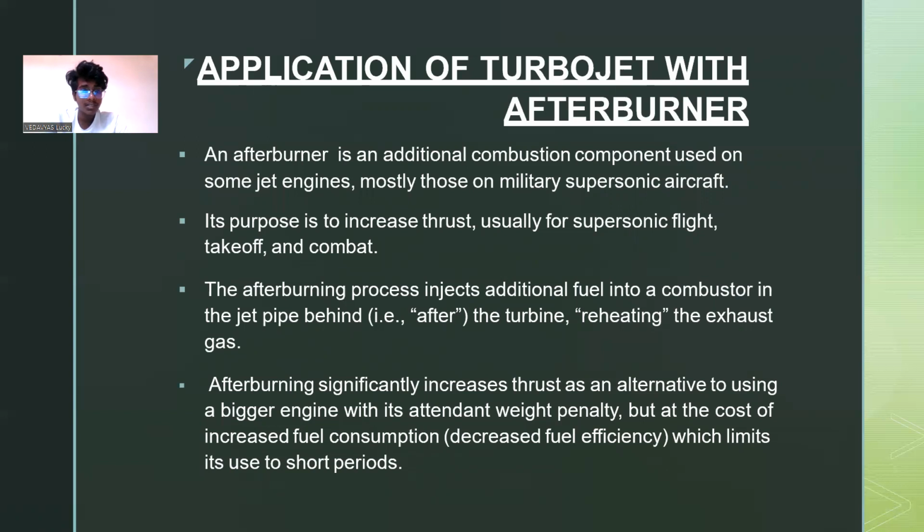The afterburner process injects additional fuel into the combustor in the jet pipe behind the turbine, reheating the exhaust gas. The afterburner significantly increases thrust as an alternative to using a bigger engine with its attendant weight penalty, but at the cost of increased fuel consumption and decreased fuel efficiency, which limits its use to shorter periods.